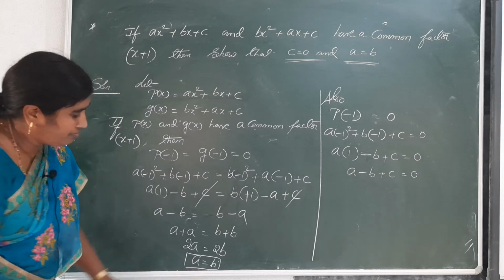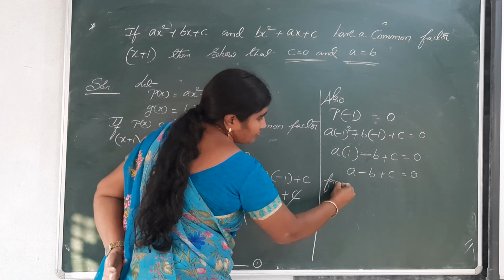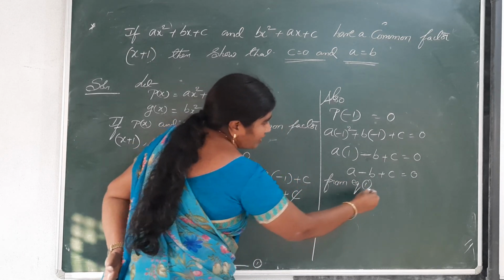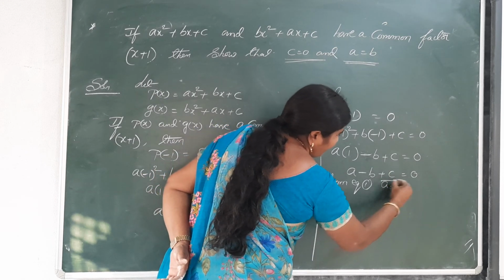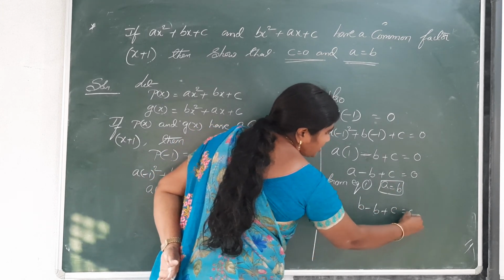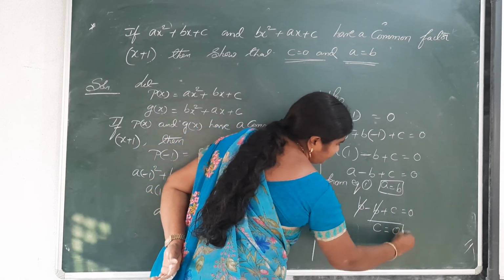From equation 1, a equal to b, then b minus b plus c equal to 0, b cancels, then c equal to 0.